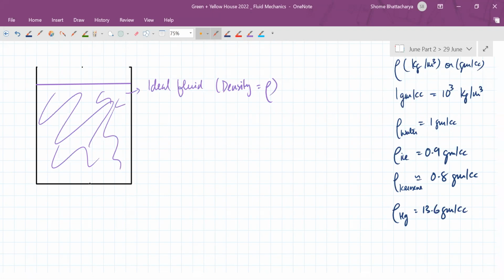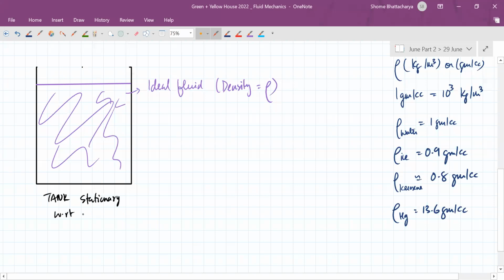So this is a tank which is stationary with respect to the ground plane.